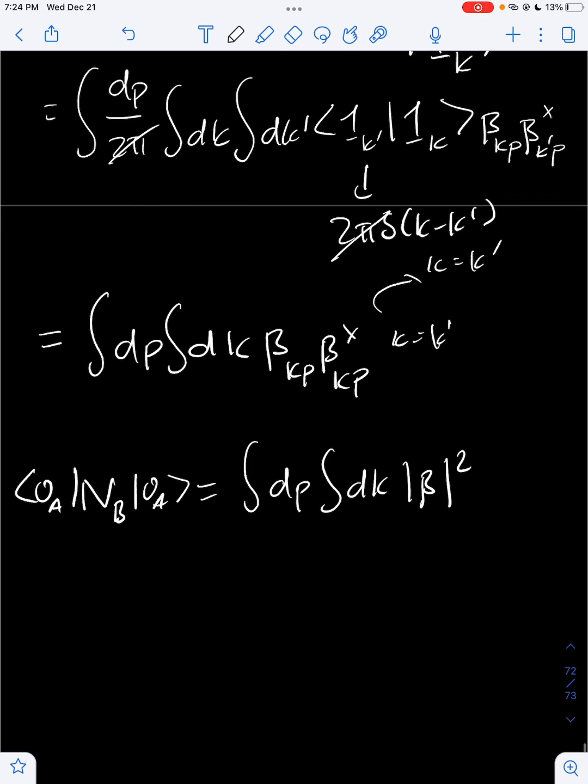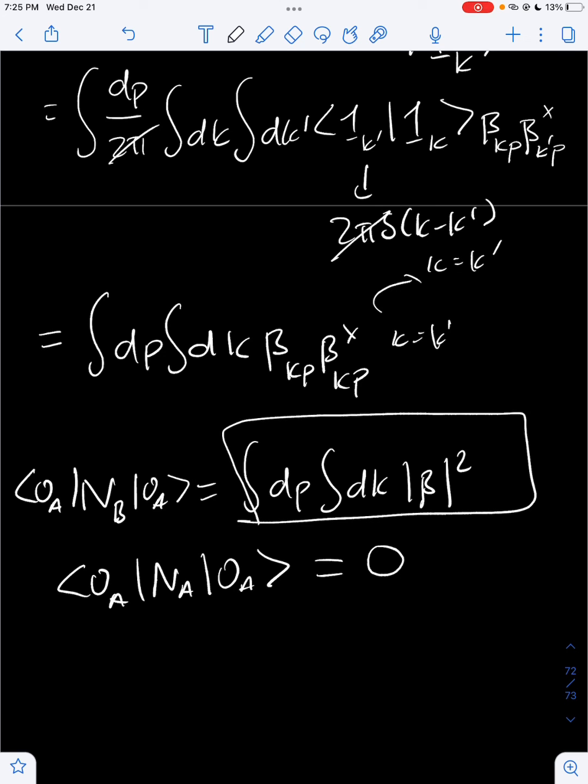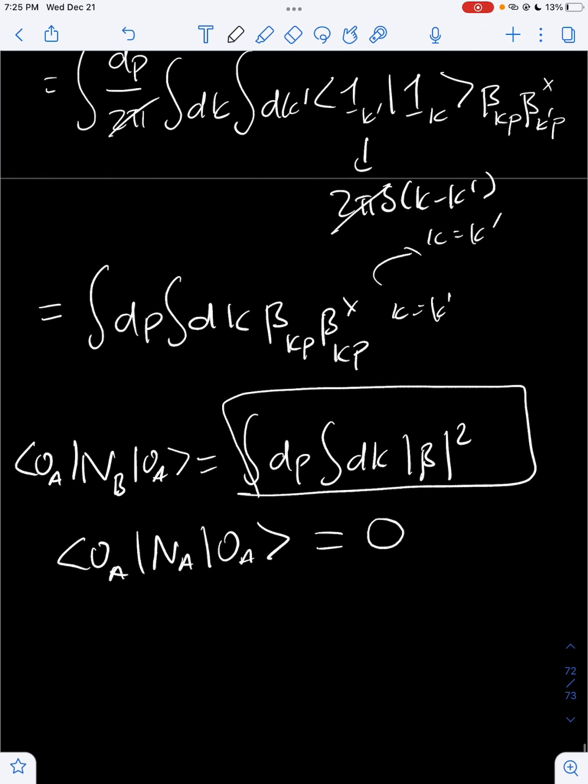While A, remember, actually sees the number of particles in its vacuum to be 0, B's reference frame is going to see this integral over here to be the number of particles. Now, if we were to transform between A and B such that beta is 0, I should really write this as beta of kp, we can't forget that's the kp over here, then B would agree on the nature of the vacuum.